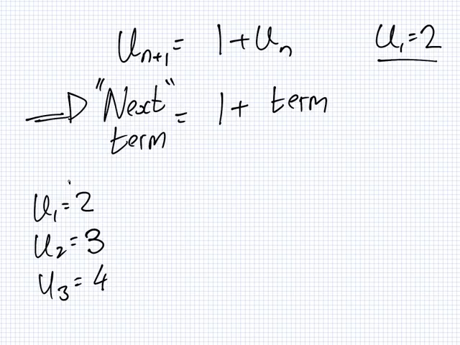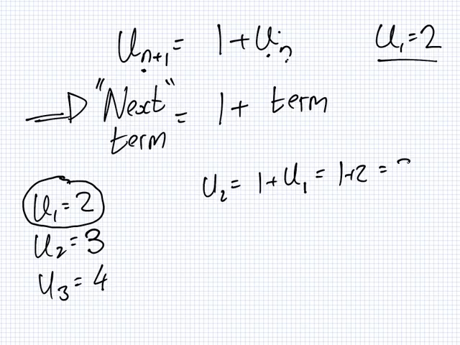Like here, look, I tell you to start with u1 equals 2. So that means this one here is 1 plus u1, which is 1 plus 2. If there's u1 here, what would this one be? If n is 1, u2. So that makes the next one.